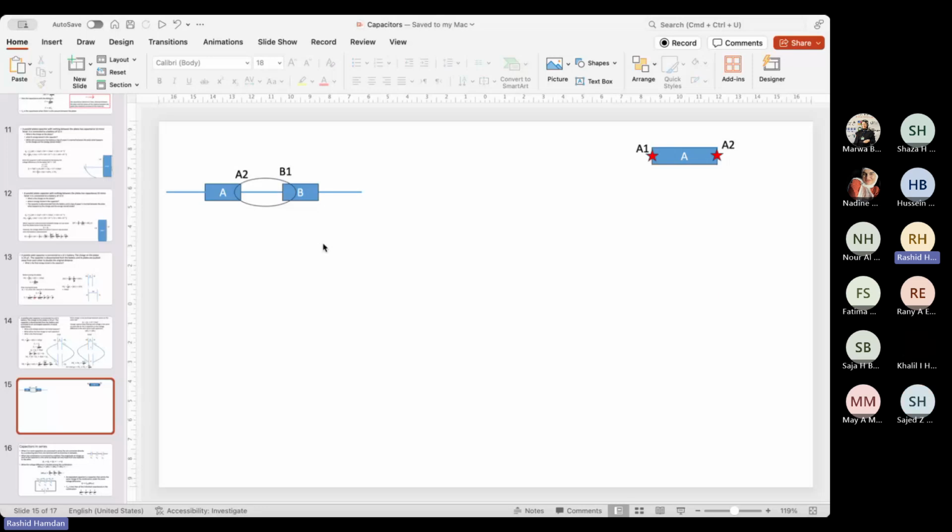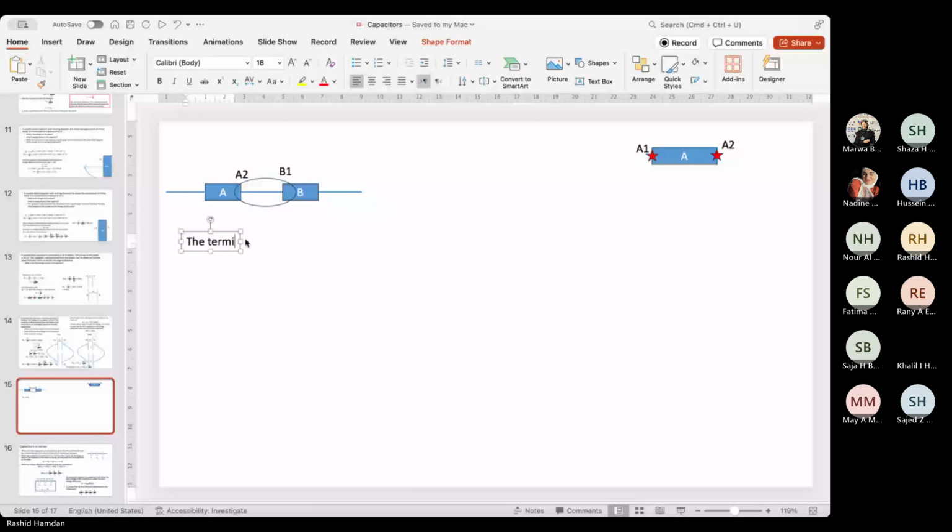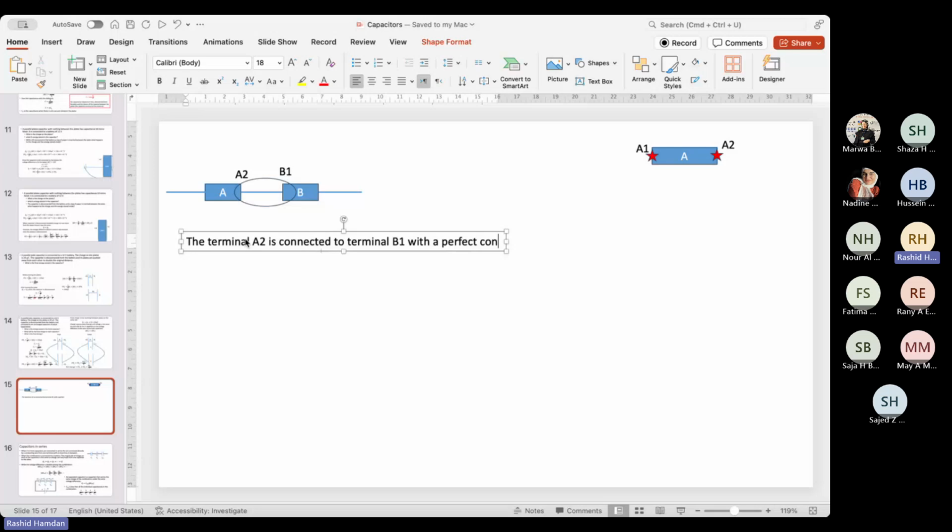So let's write this down. The terminal A2 is connected to terminal B1 with a perfect conductor and there is no branch in between.